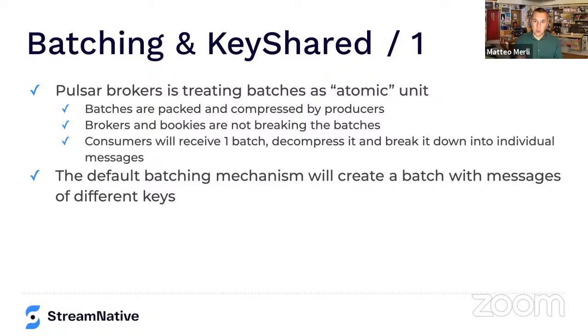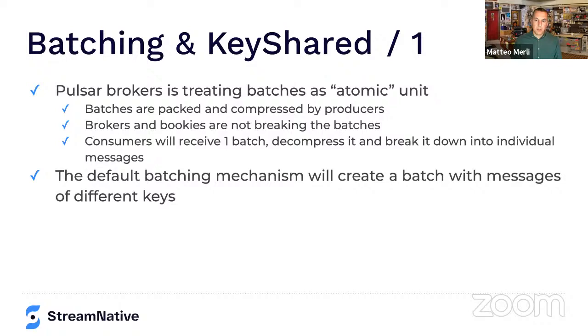We just want one single RPC to publish, then get it stored in the bookies, and then one single response back. In a similar way, the consumer will receive the batch. The broker will dispatch one batch or multiple batches, and the consumer will receive the batch, decrypt, decompress, and then break it down into individual messages.